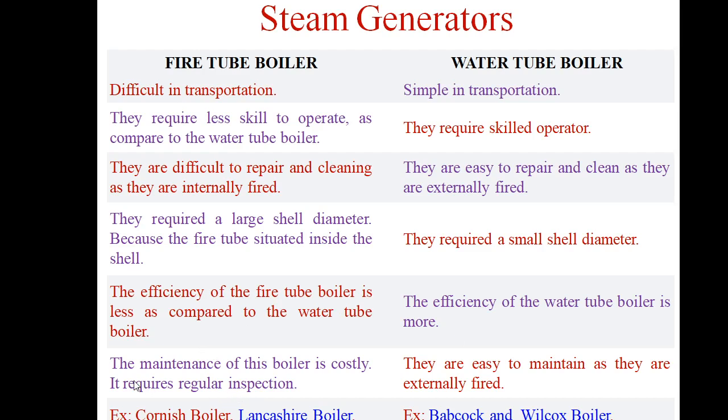And the last one: the maintenance of a fire tube boiler is costly and requires regular inspection, whereas water tube boiler maintenance is easier and not costly. An example of a fire tube boiler is the Lancashire boiler, and an example of a water tube boiler is the Babcock Wilcox boiler.